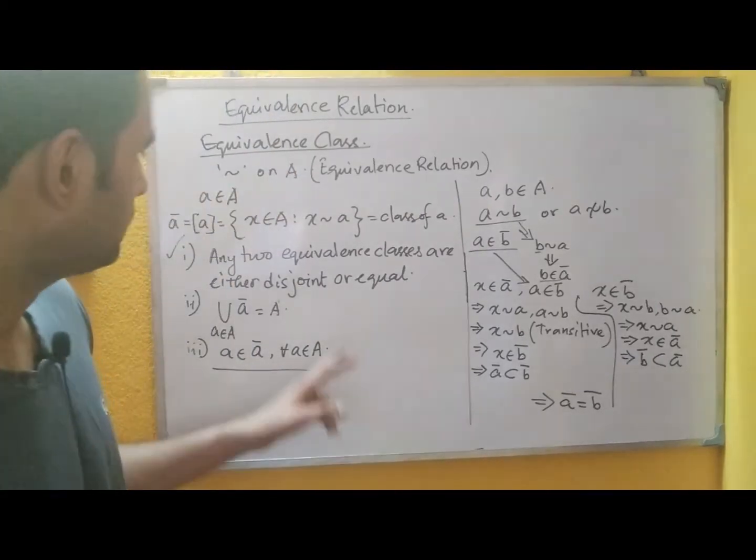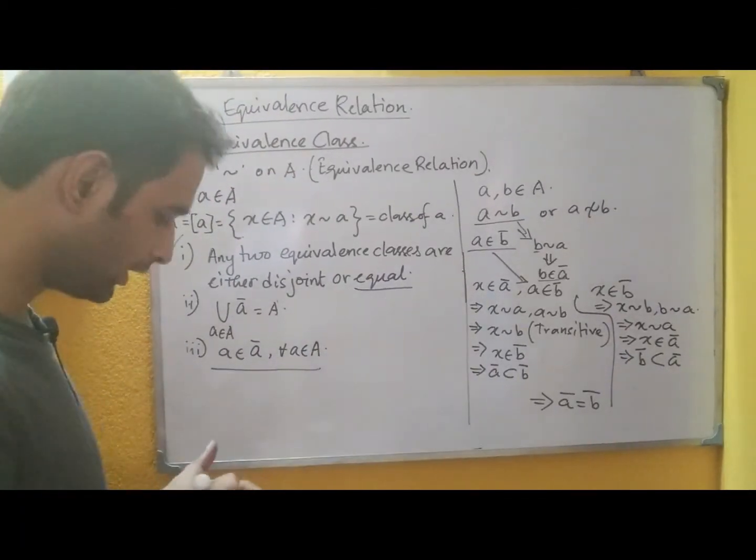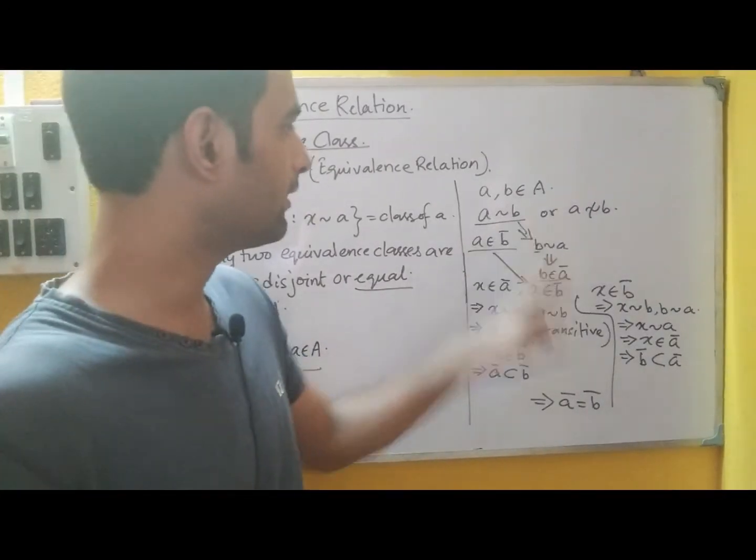Okay, so it is proved that the classes are equal when the elements are related.